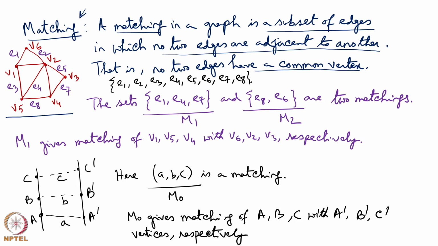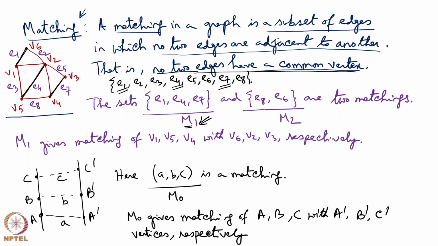So, this is the master set, and within that I pick up a few of them, E1, E4 and E7. If I mark E1, E4 and E7 in black color, in these edges there are no common vertices. That means no two edges have a common vertex. So, in that case M1 is called a matching.